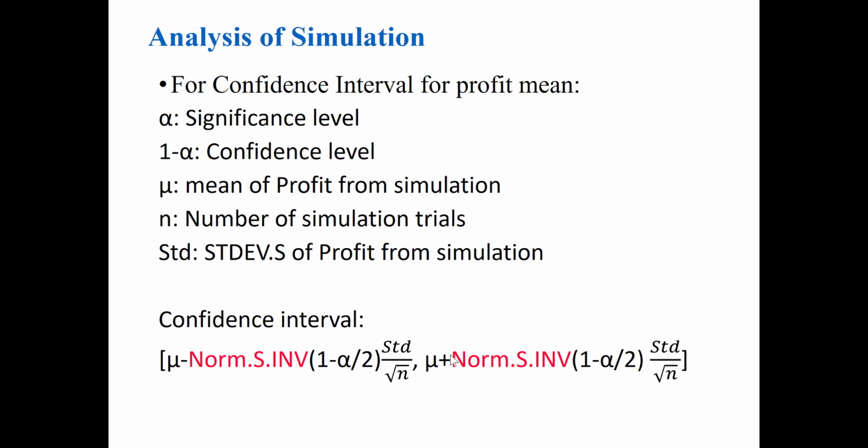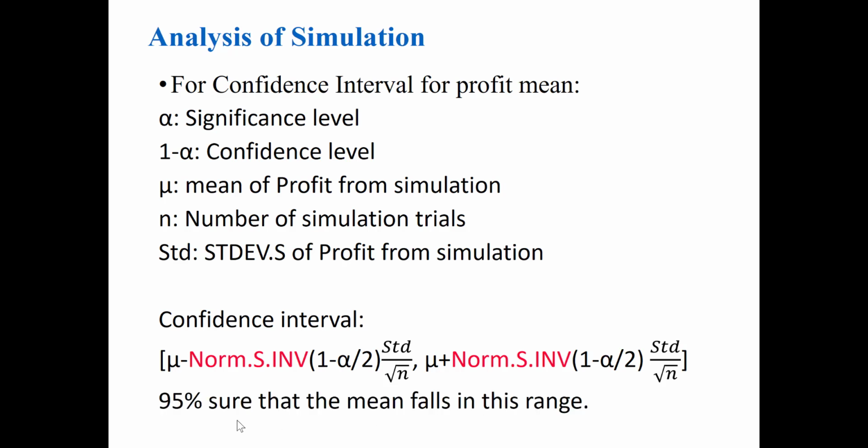Mu plus this value, so the plus and minus are exactly the same, so we are subtracting and adding one constant value from the mean, and we are providing an interval, and we are saying that with this percentage, we are sure that the mean that we get for the profit is going to be in this interval.